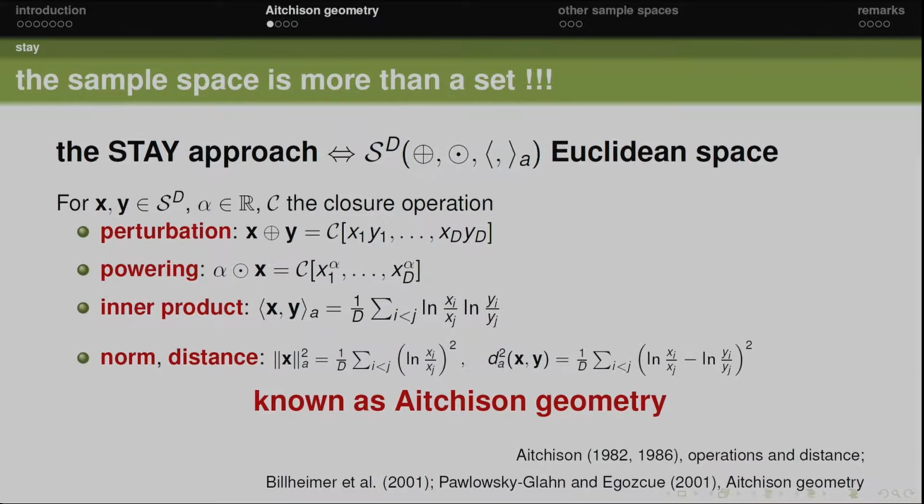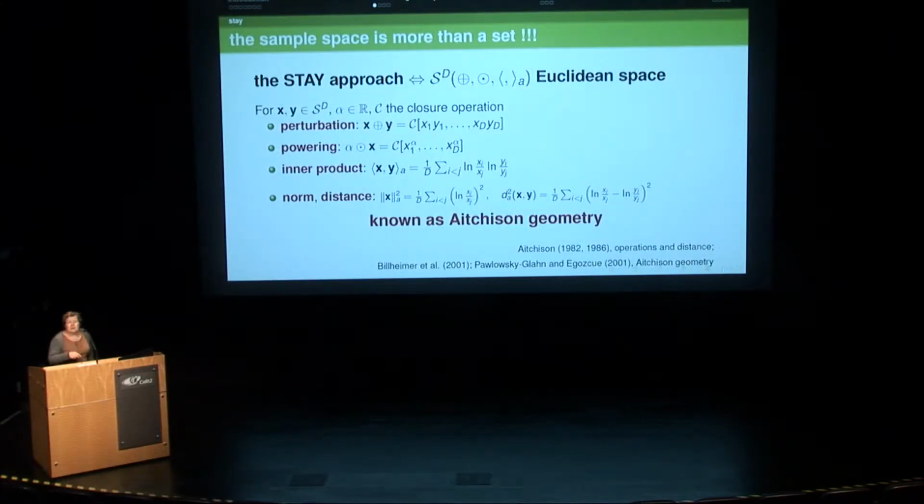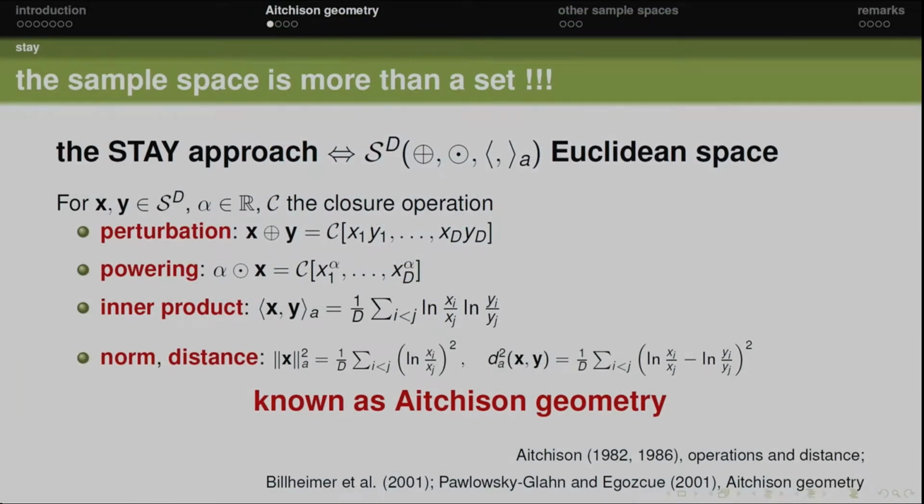A Euclidean space with a group operation called perturbation, with an external multiplication called powering, and with an inner product that we need to define angles and orthogonality, and from which we can derive a norm, the length of a vector, and a distance between two vectors. For instance, a distance between the mean of two populations.